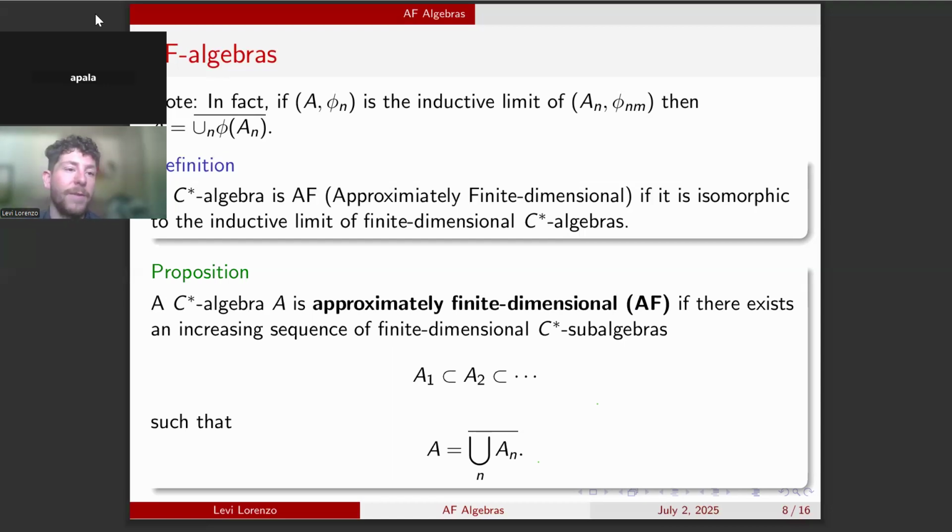So if you're looking at a C-star algebra and you want to know whether or not it's AF, one thing you could do is try to find a sequence of finite dimensional C-star algebras that are dense inside of it. Okay, so these are the kind of algebras that we're looking at today.